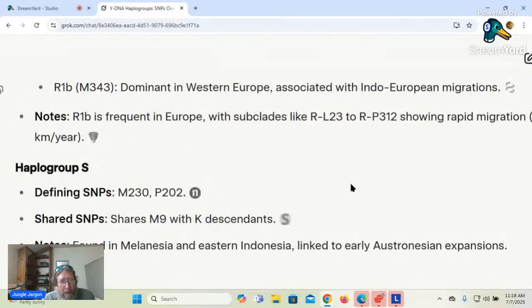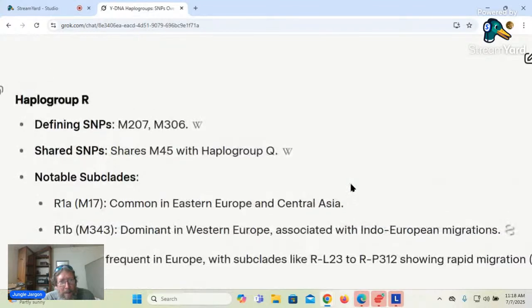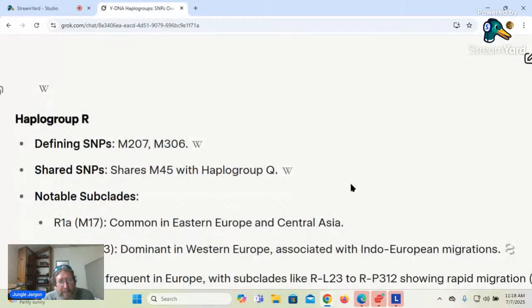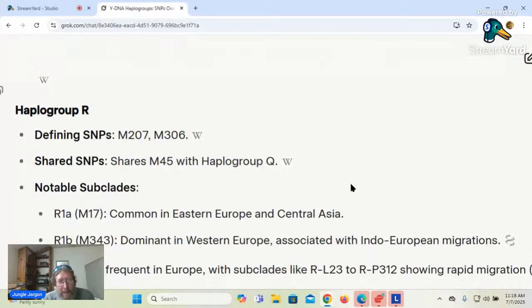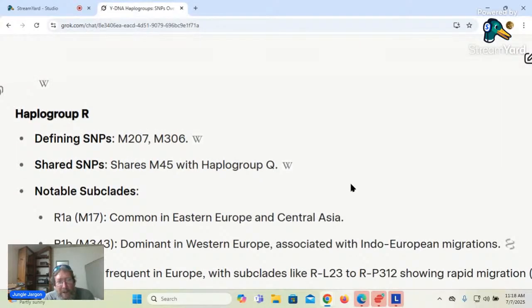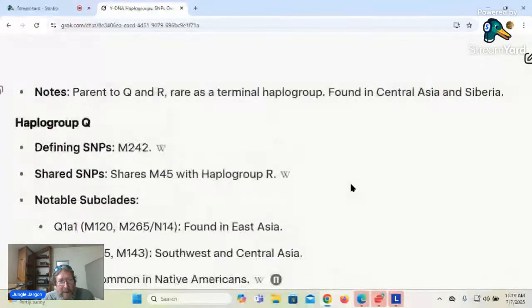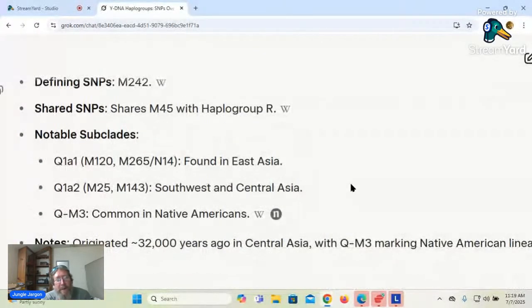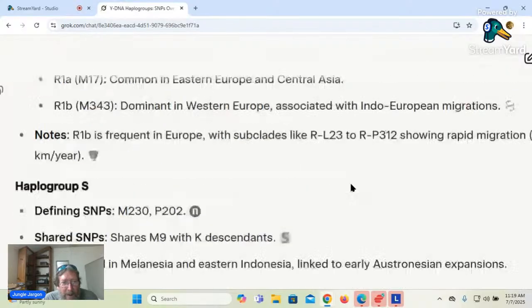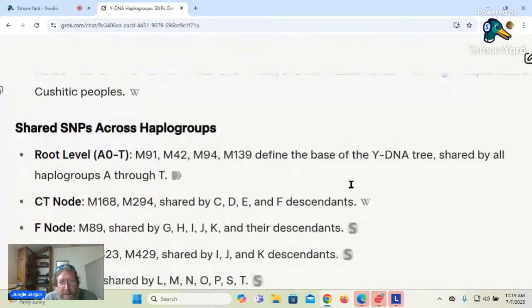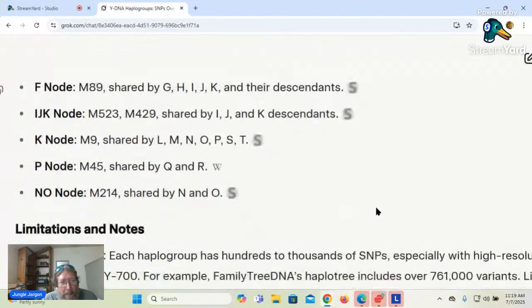I've got to make sure to find out why haplogroup R wouldn't share the M9. I've had them all with M9 before, but I guess Grok just forgot to include it, because it does that quite a bit.